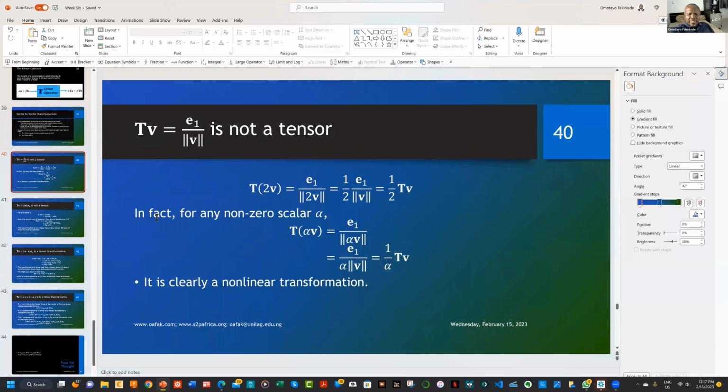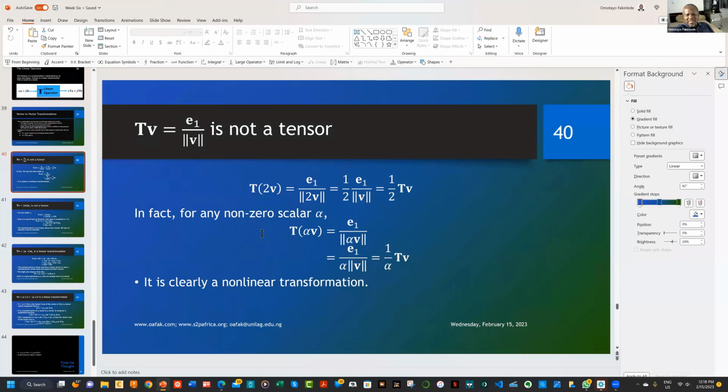So let us multiply V by a scalar. If you multiply it by a scalar, this is the answer you get: 1 over alpha. If it were a tensor, when you multiply by a scalar, the result would be written as that scalar multiplied by the tensor of V. But instead, it is 1 over alpha.